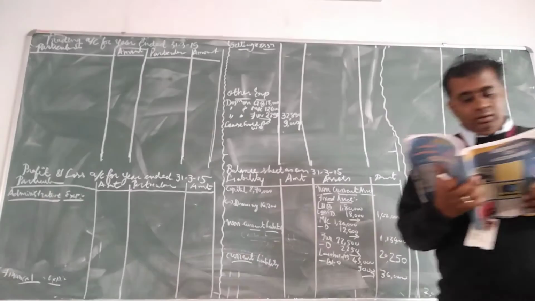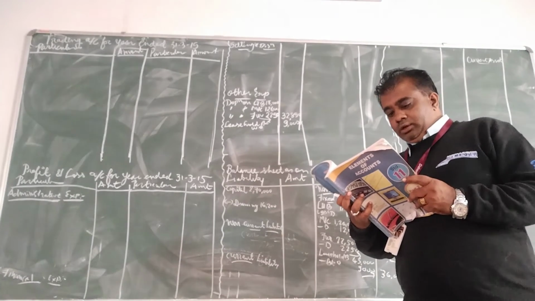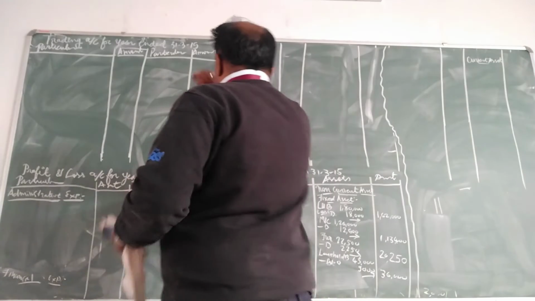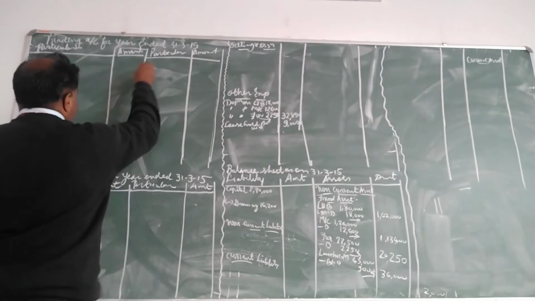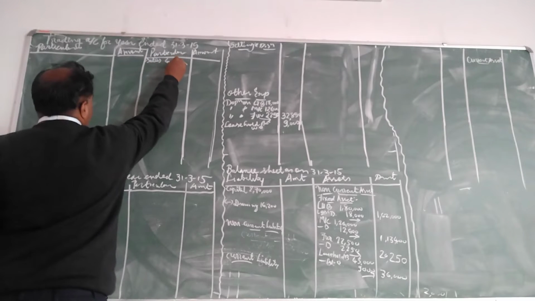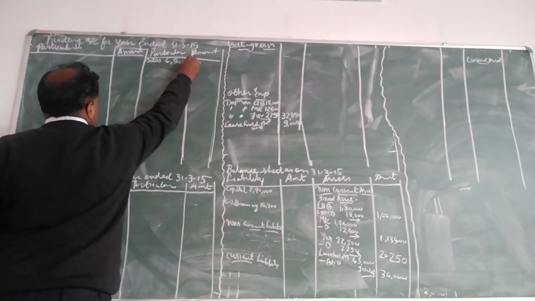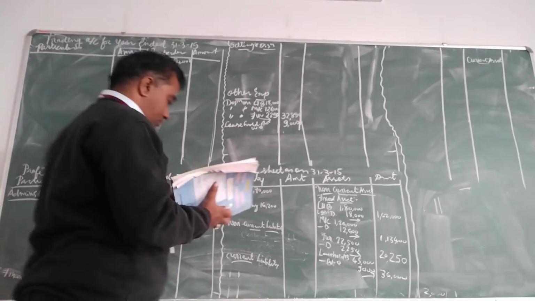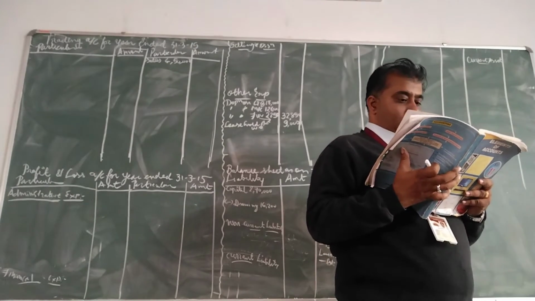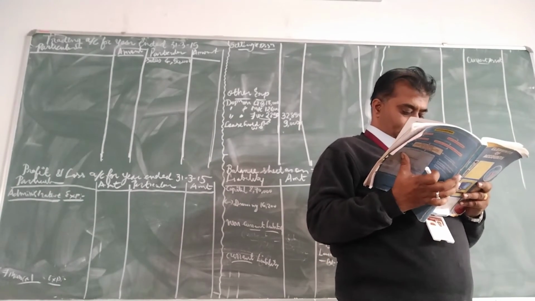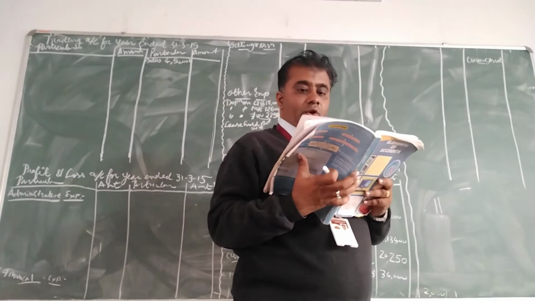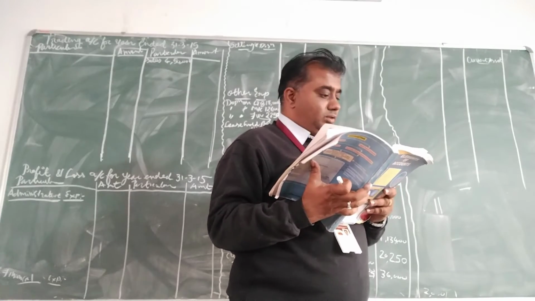Next, sales 4,50,000. So trading account credit side sales in the inner column 4,50,000. No adjustment is for sales.